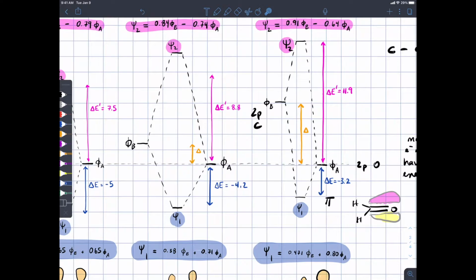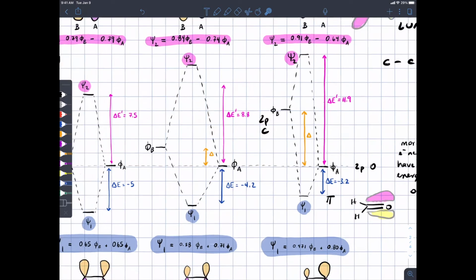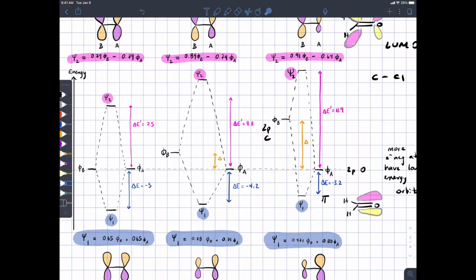You may have heard this concept in terms of orbital overlap, and that's not technically what that term means. But when you combine two orbitals together, if one is lower in energy than the other, it's not going to be as stabilizing as if the two orbitals were mixing together with the same energy.